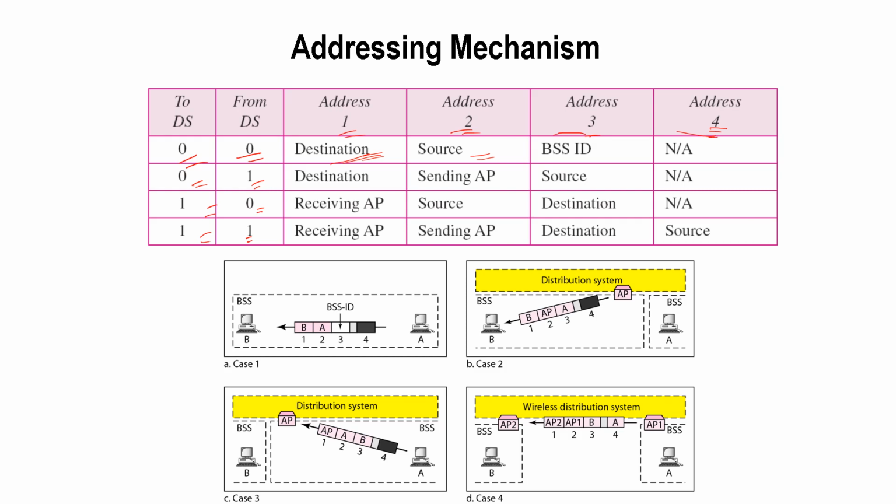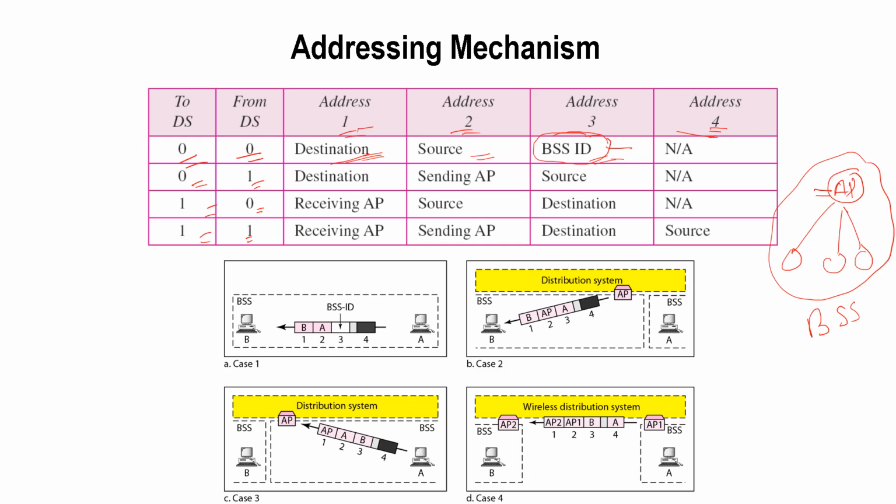Then BSS ID is the identification number of an access point. We know that one access point will be there as a controller for a BSS. Stations associated with a single access point are known as a BSS. So the ID of the access point is the BSS ID.